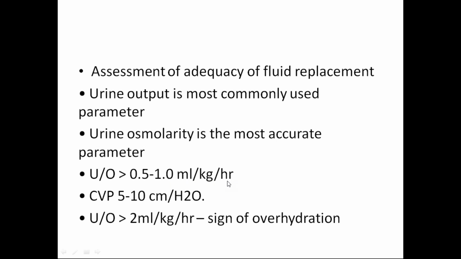We should also place a central venous line in burn patients to measure CVP for adequacy of fluid, because if we overhydrate the patient, it will lead to further edema and further complications. So the CVP should be maintained at 5 to 10 centimeters of water. And a urine output of more than 2 ml per kg per hour is a sign of overhydration, and we should decrease the fluids.